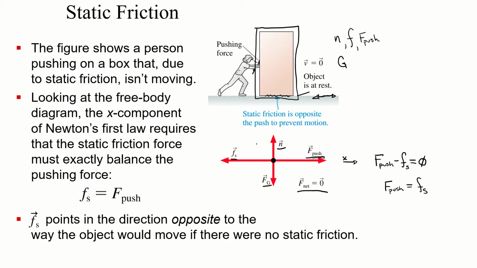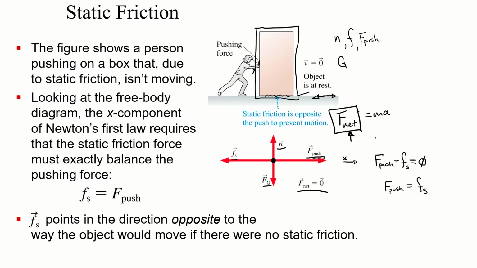So the way we sort out what that is, we look at Newton's second law, F net equals ma. Since we can analyze all the other forces, the magnitude of the force of static friction is whatever it has to be to keep Newton's second law true.